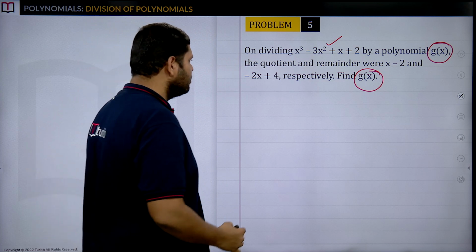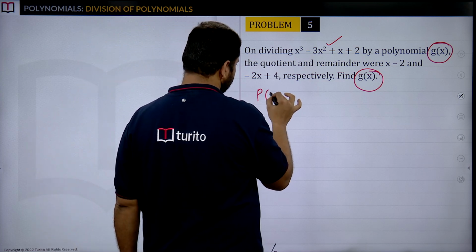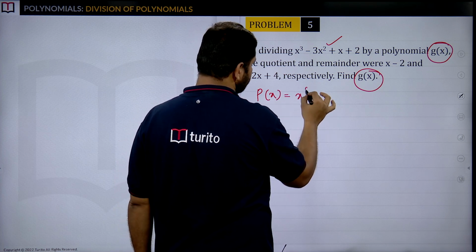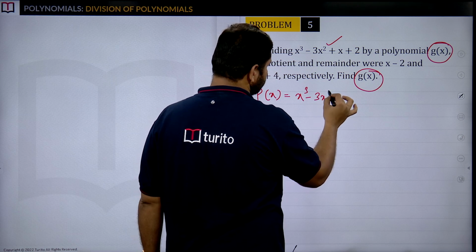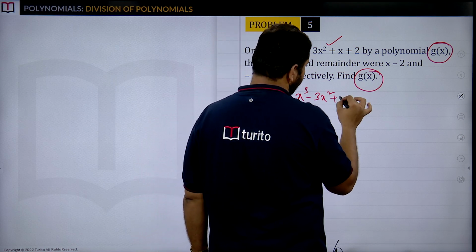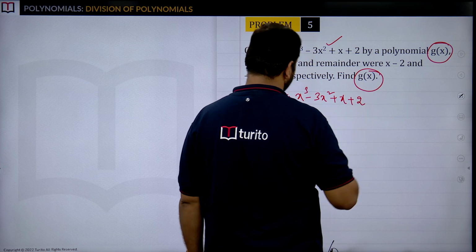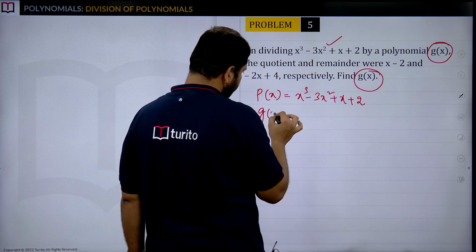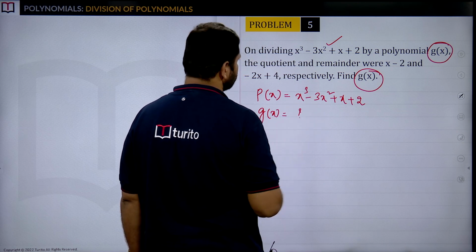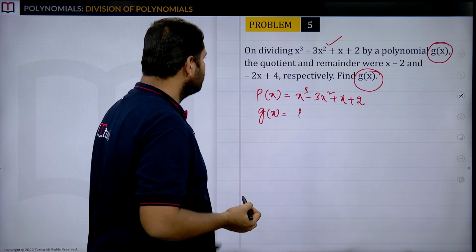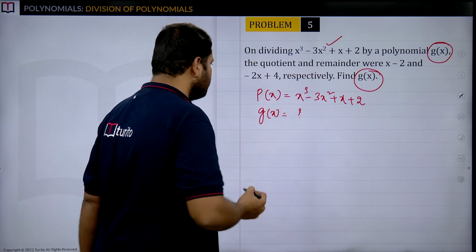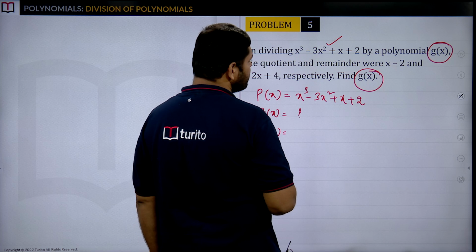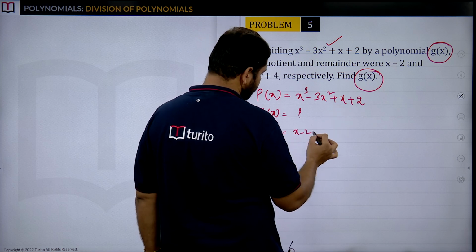Okay, first I will write down that the given polynomial is p of x. From the question, p of x is x power 3 minus 3x square plus x plus 2. The g of x value they did not give, children. We need to find g of x. And they have given the quotient value and remainder value. Quotient is q of x, which is x minus 2.